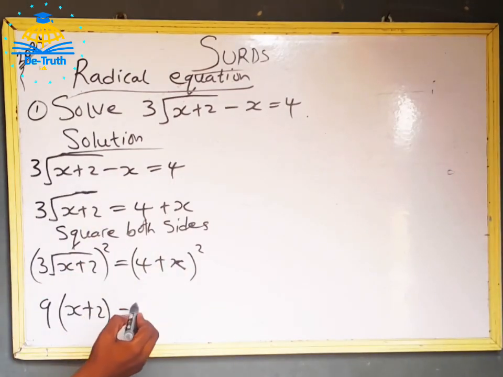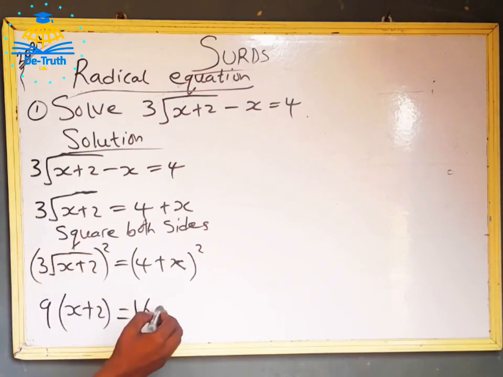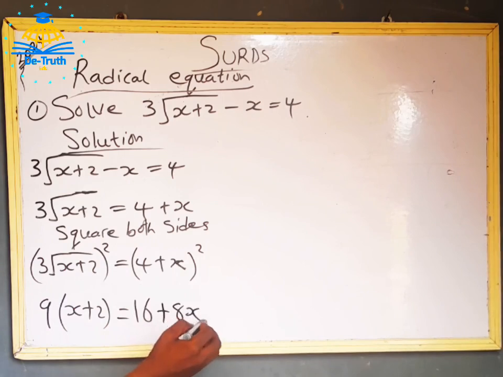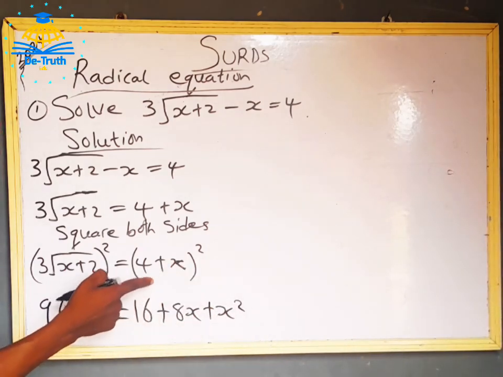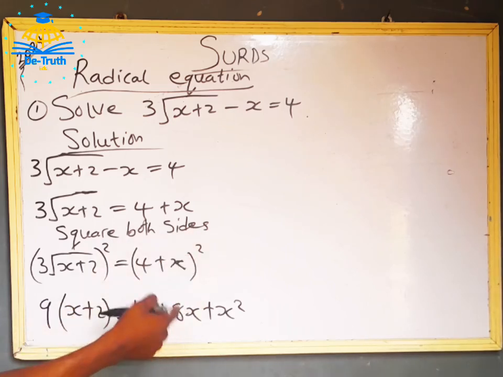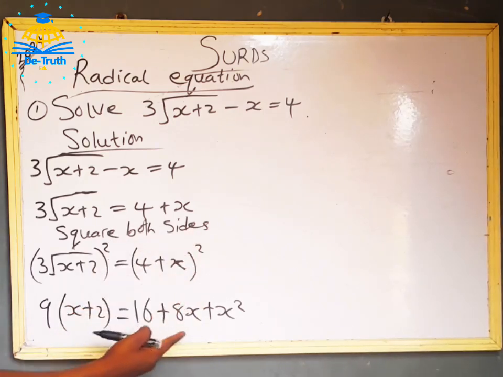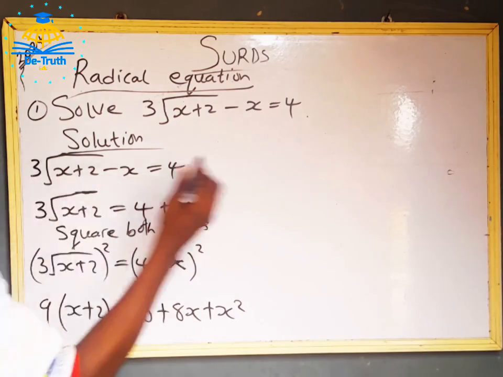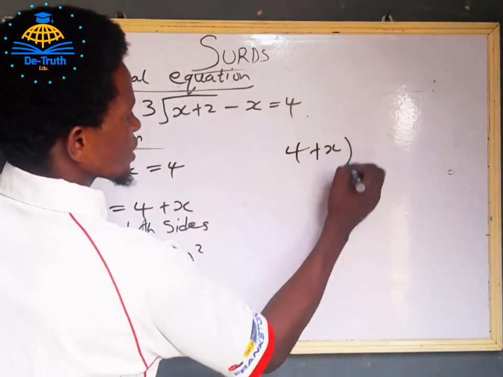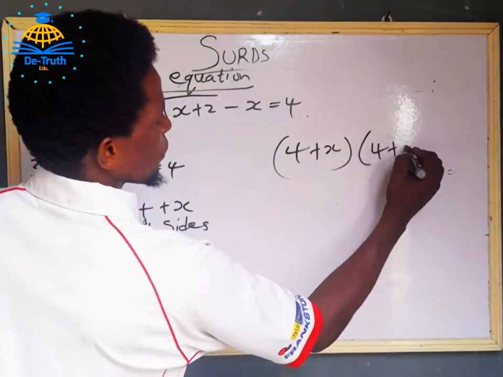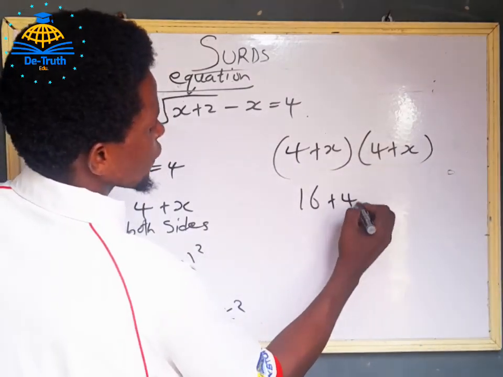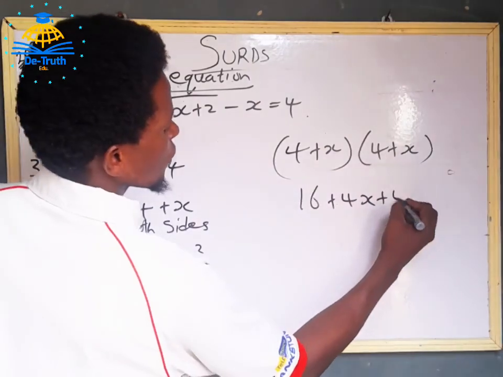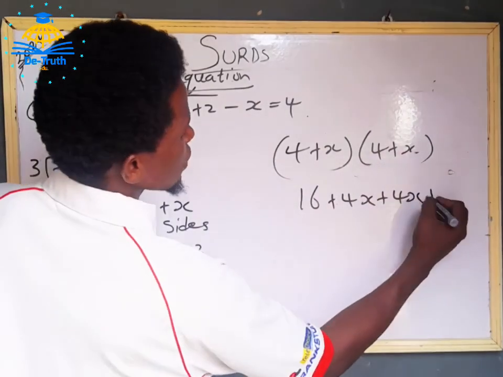That will give us 16 plus 8x plus x squared. When you expand 4 plus x times 4 plus x, that is squared, you're going to get this thing. Let's quickly do it here. 4 plus x, then 4 plus x. 4 times 4 is 16. 4 times x is 4x, x times 4 is 4x, x times x is x squared.